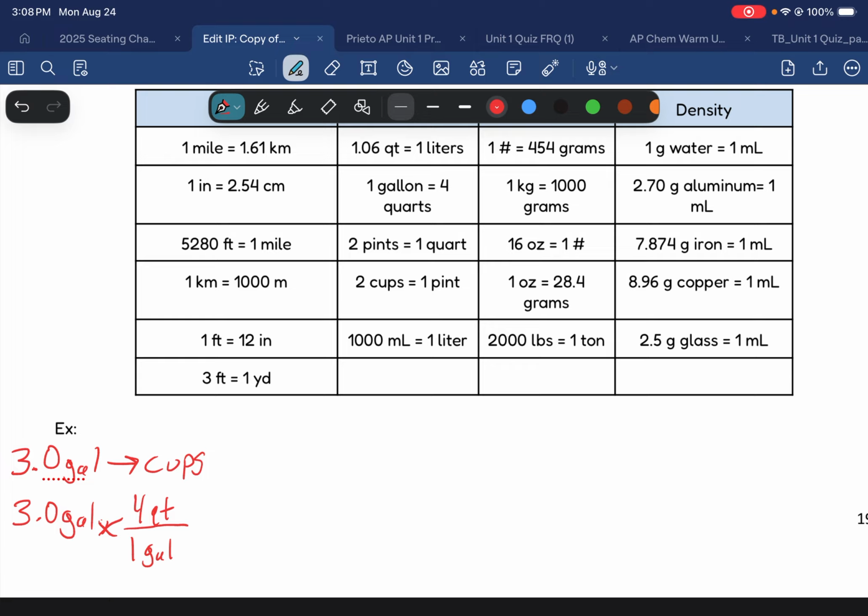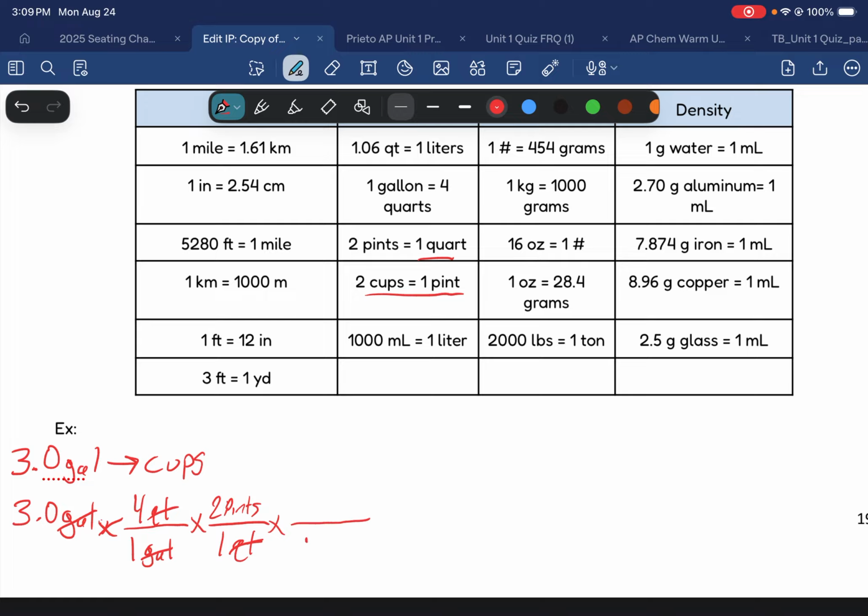Where's a quarts conversion factor? Here's one. 1 quart is 2 pints. So I'm gonna multiply by that conversion factor. 1 quart goes on the bottom, 2 pints goes on top. My goal is to cancel out these until I'm left with cups. Now, do you see pints to cups anywhere? Oh, I do. It's right there.